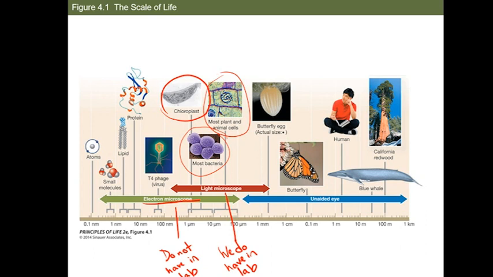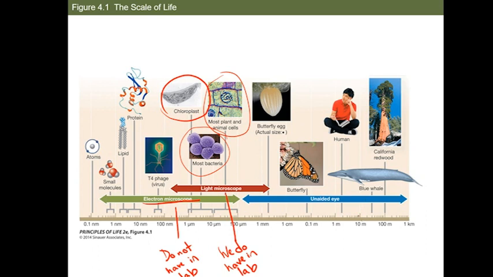So plant and animal cells are 10 micrometers to 100 micrometers. Butterfly egg is the size of that dot. It's about 1 millimeter. Butterfly, a centimeter or more. And then you can see all these things with the unaided eye. Humans are 1 meter or so tall.